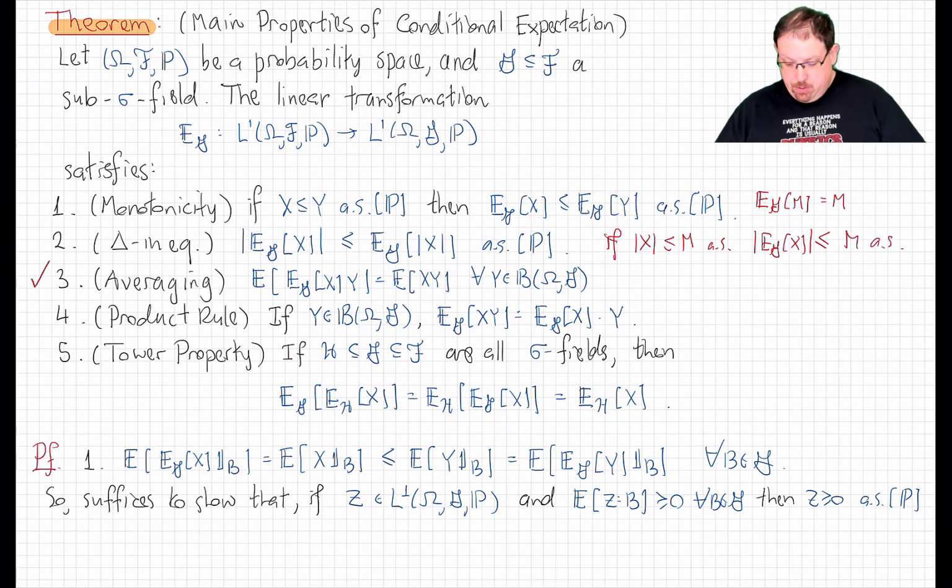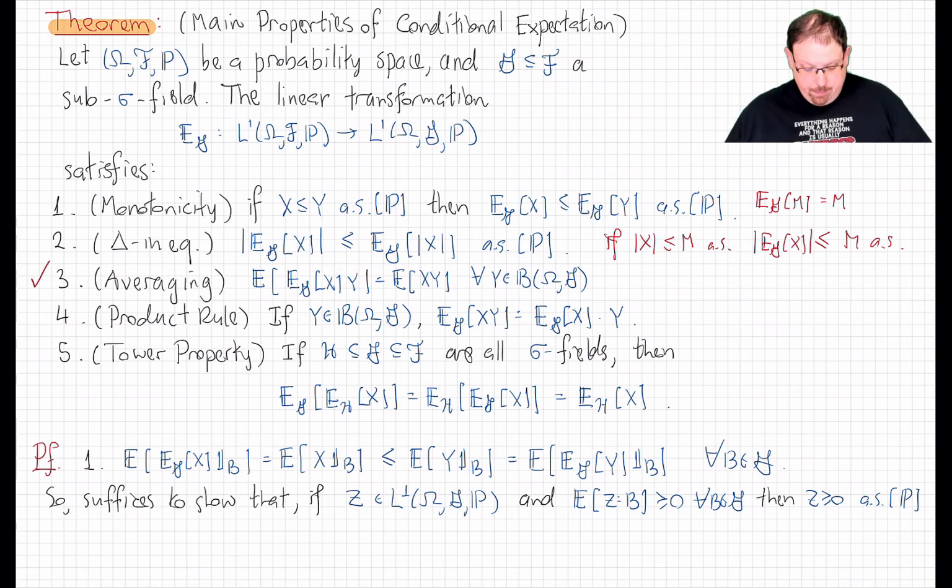What that shows is that the supremum of the conditional expectation is less than or equal to the supremum of X. And so just like being an L2 contraction and an L1 contraction, conditional expectation is also an L infinity contraction. So now let's prove these items turn by turn.